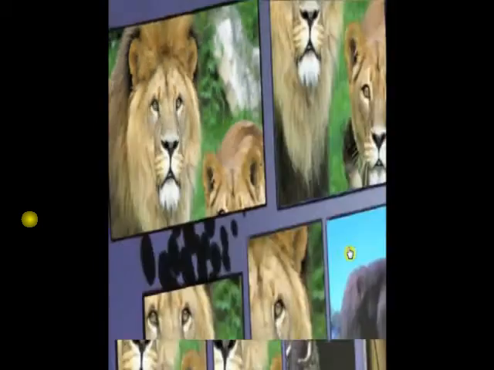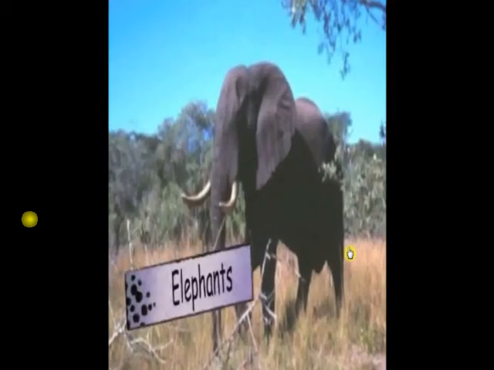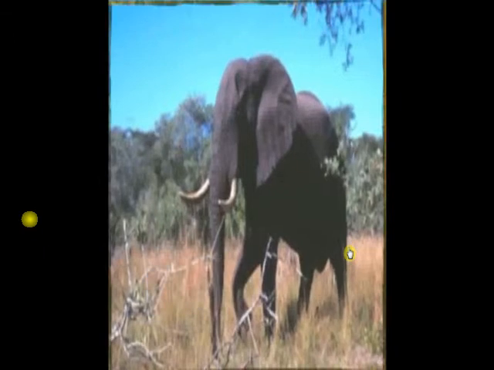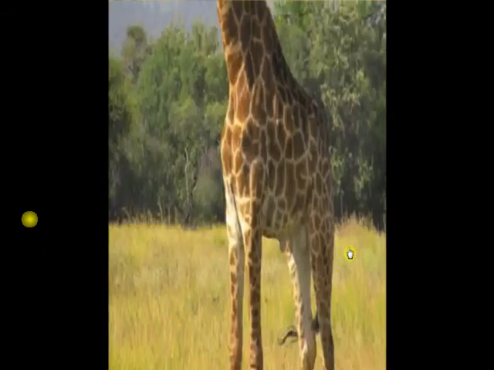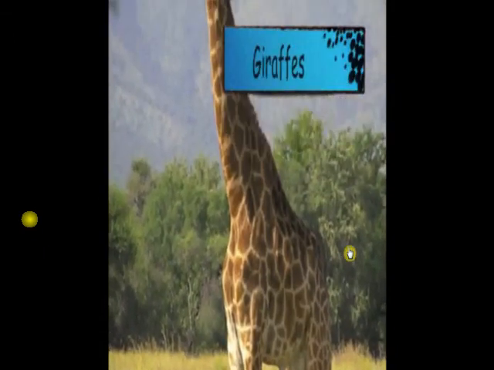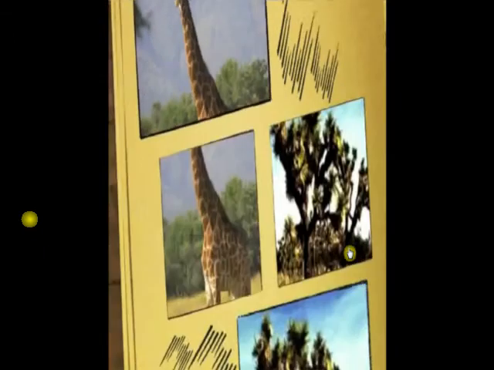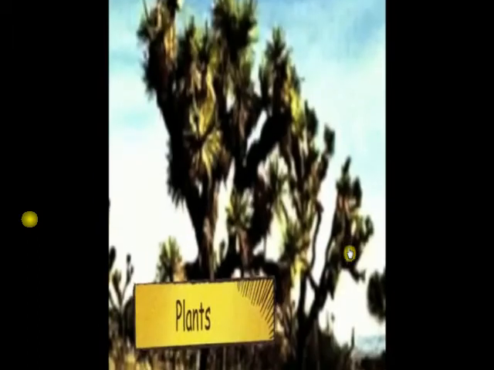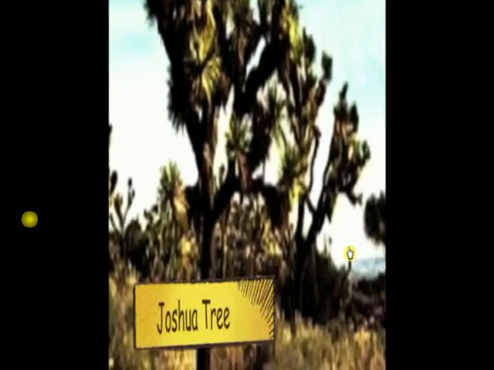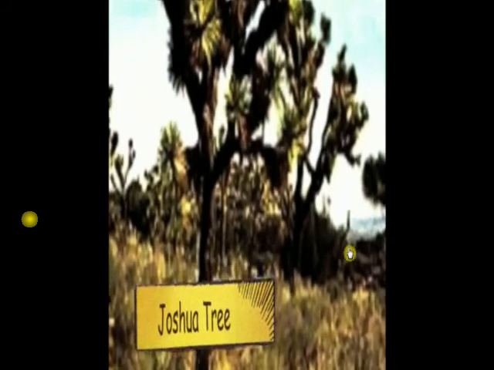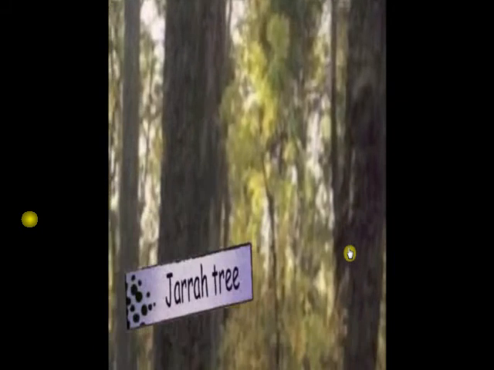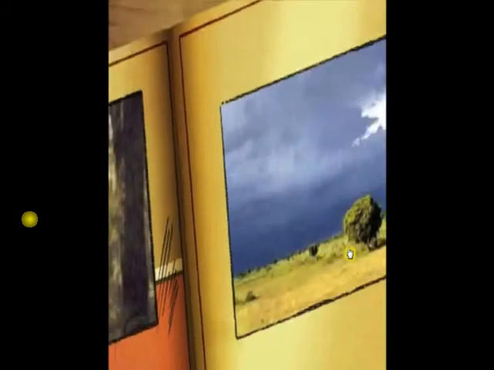The lions, elephants, the giraffes. The Joshua tree, the baobab tree, and the jara tree.